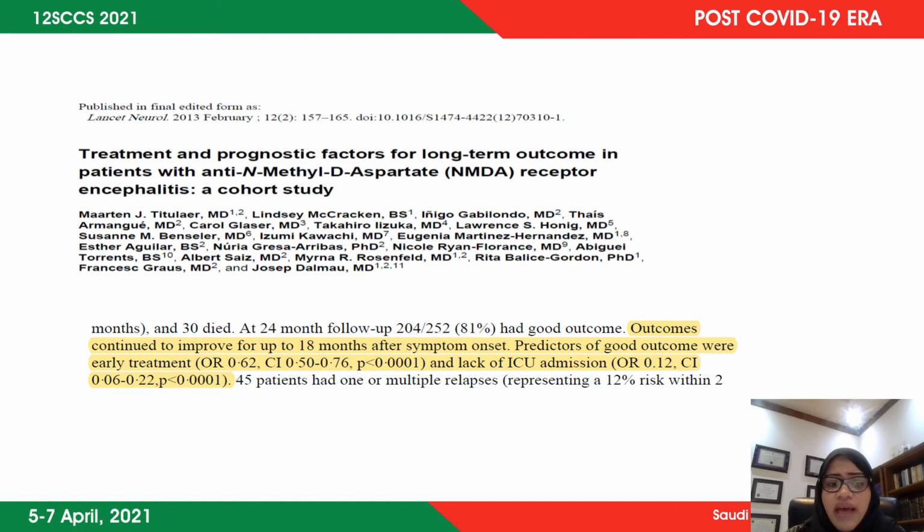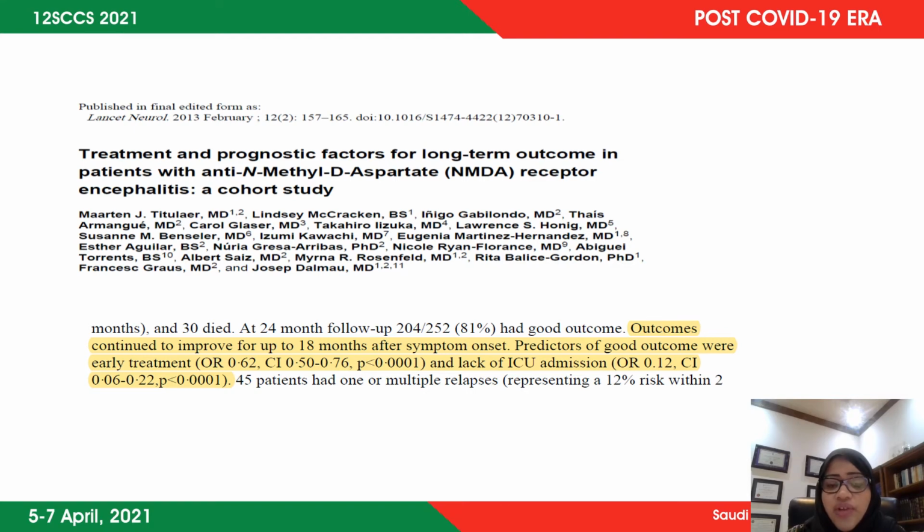In this study published in Lancet Neurology in 2013, they studied 204 patients with a 24-month follow-up, and they noticed that the outcome continued to improve for 18 months after the symptom onset for anti-NMDA receptor encephalitis.